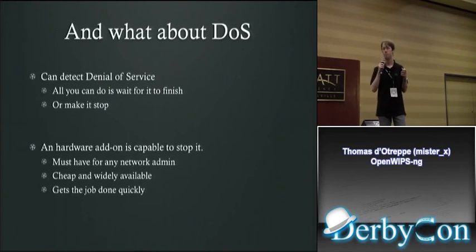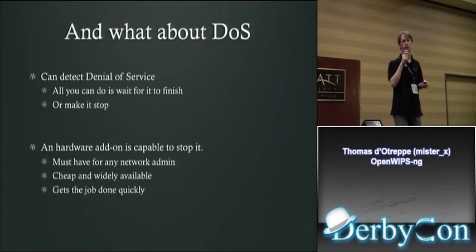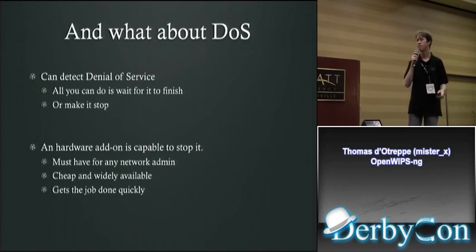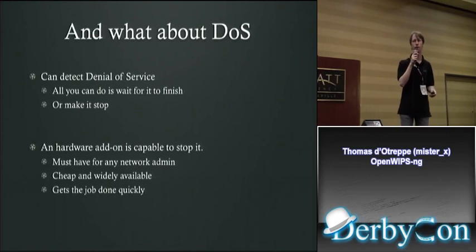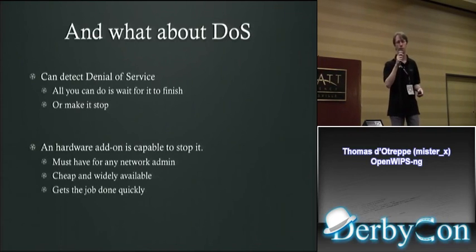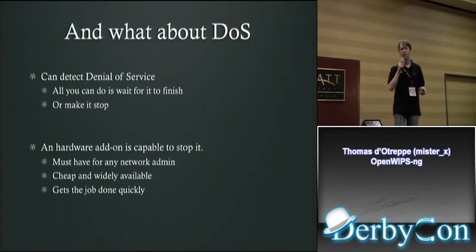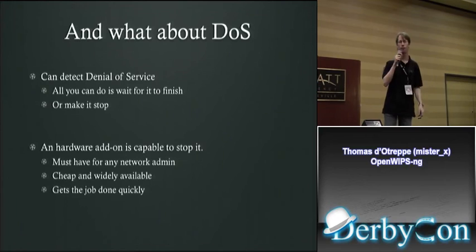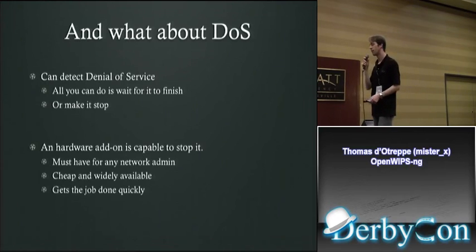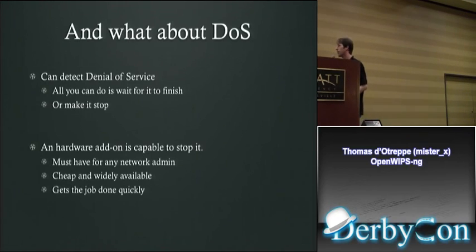DoS, we can detect denial of service. It's not that hard. All you can do is wait for it to finish. Unfortunately, if vendors say they can stop it, that's bullshit. Or you can make it stop. Software can't do much, but we have a hardware add-on that is capable of stopping it.